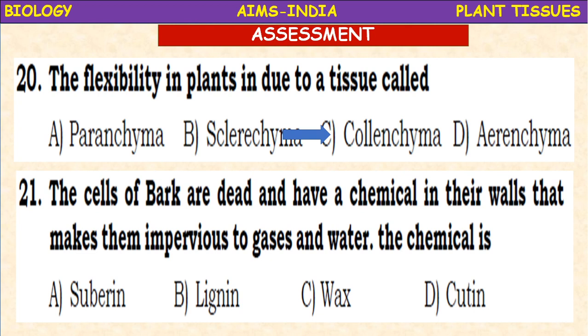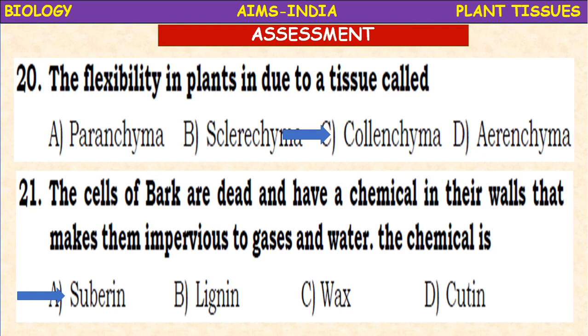The cells of bark are dead and have a chemical in their walls that makes them impervious to gases and water. What is that chemical? Suberin. Okay. Bark cell wall is made up of suberin.